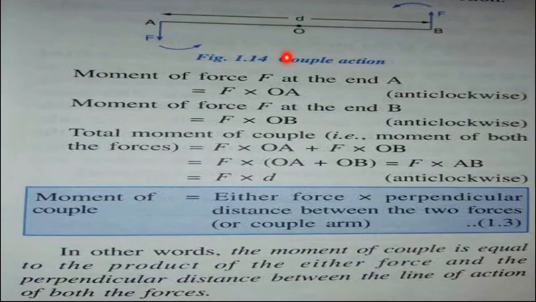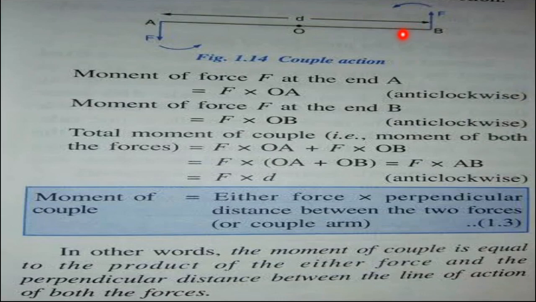Let's see an example. Let's say that this is an example of a double arm spanner which is used to open a nut. Equal forces each of magnitude F are applied on each end of the spanner, on end A as well as the end B, in opposite direction.